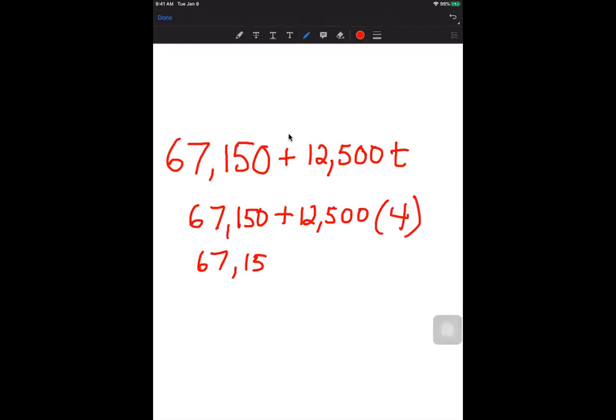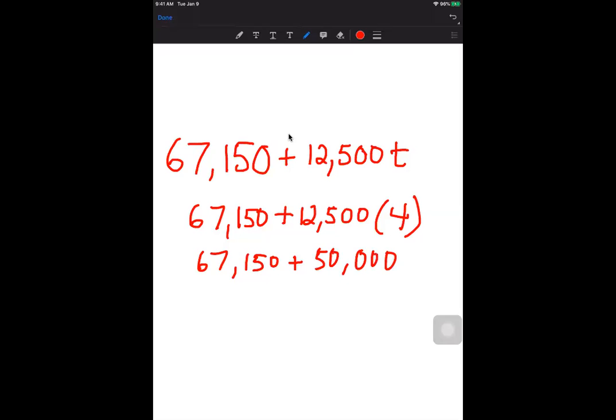Mr. Korn, do you have your calculator handy? Does anybody have their calculator handy? What would be 12,500 times 4? Would be 50,000. That's right. So you get 50,000, and then it's just some basic math from here.